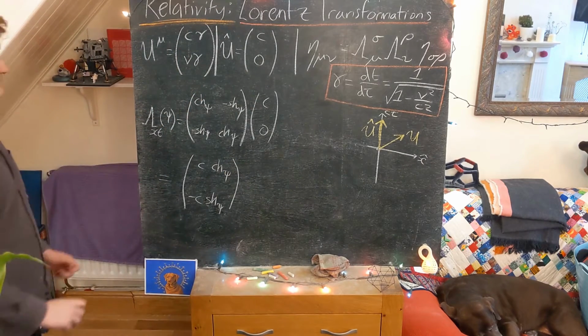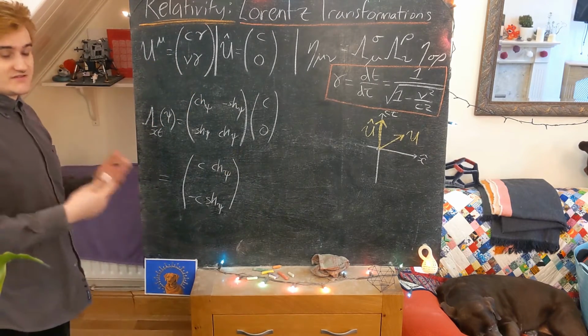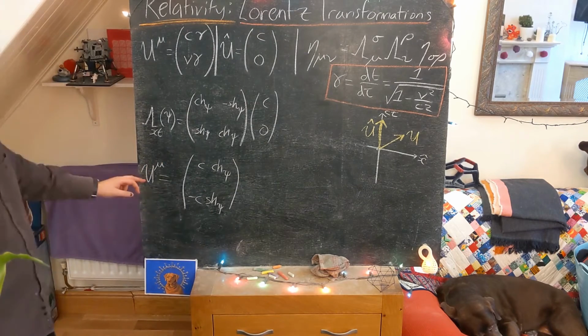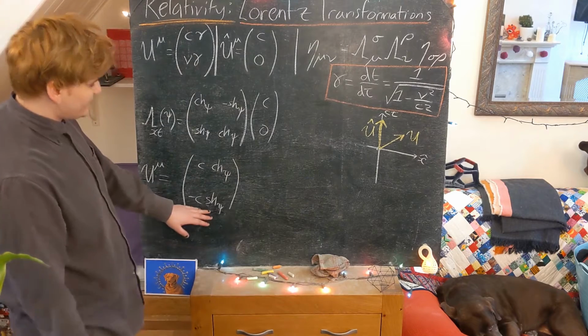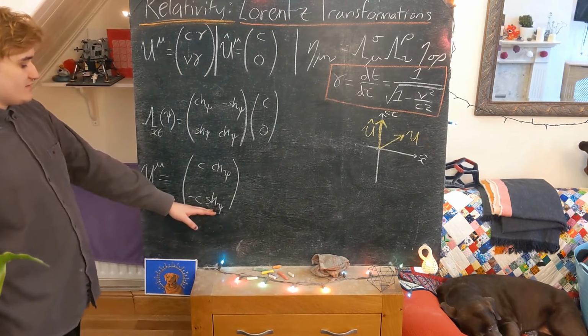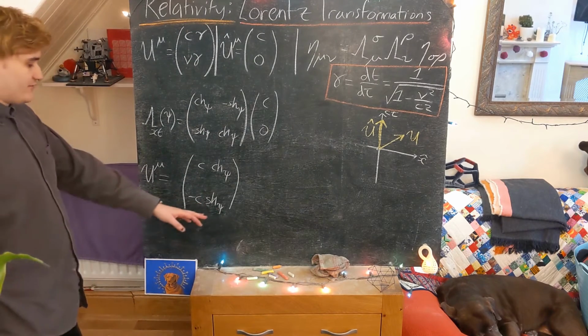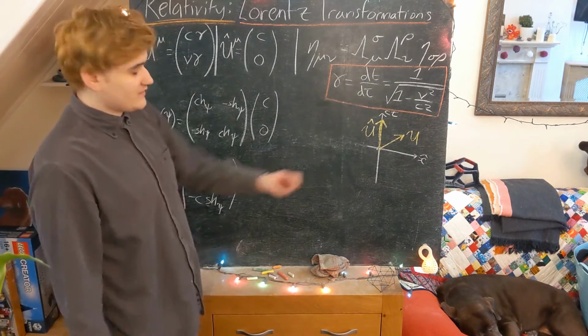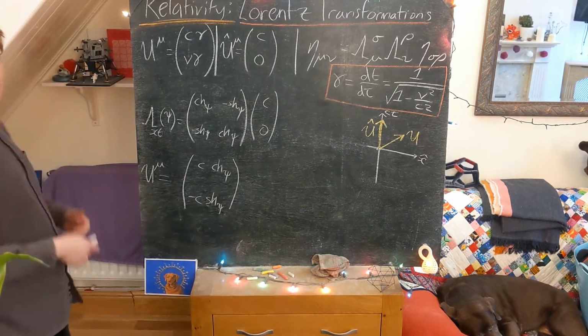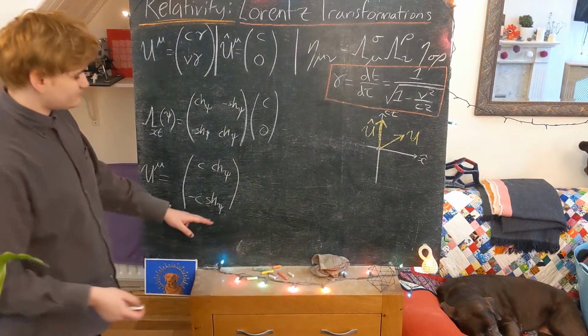So this is now our boosted velocity vector, u without a hat. And so immediately looking at this, we can see that this space component is going to be non-zero. There is going to be some component of spatial velocity in the boosted frame.